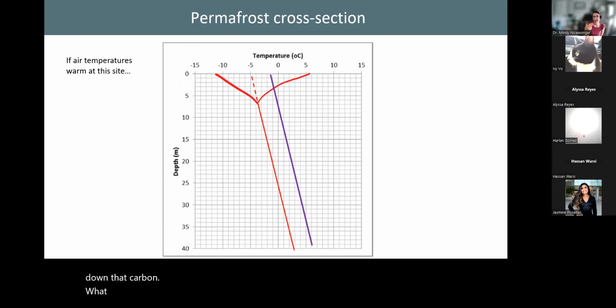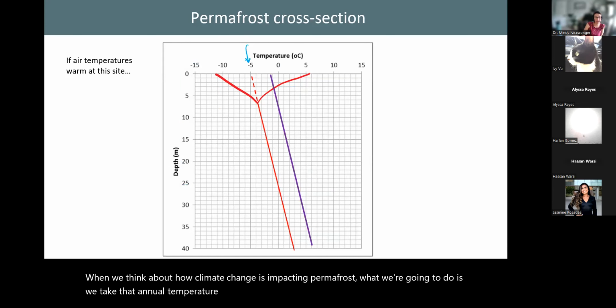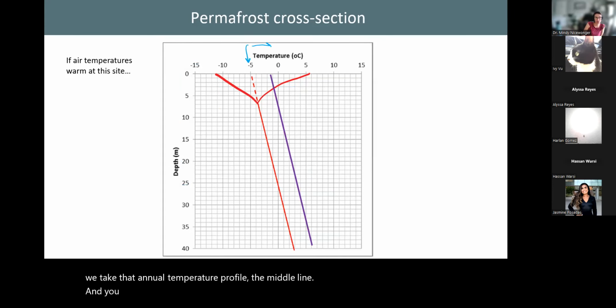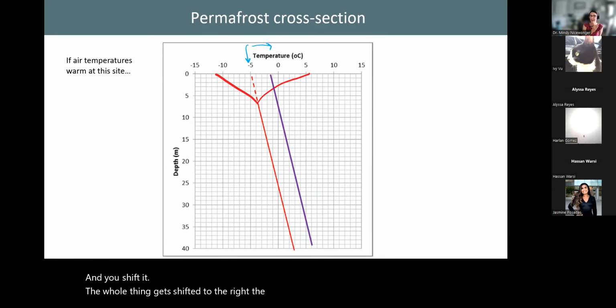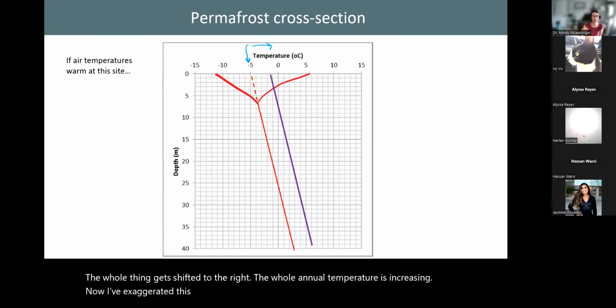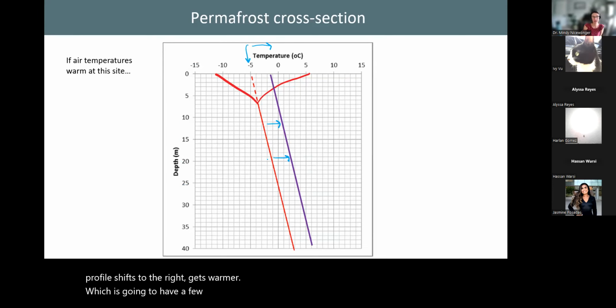When we think about how climate change is impacting permafrost, we take that annual temperature profile, the middle line, and the whole thing gets shifted to the right. The whole annual temperature is increasing. I've exaggerated this quite a bit, but the point is the whole temperature profile shifts to the right, gets warmer, which is going to have a few impacts.